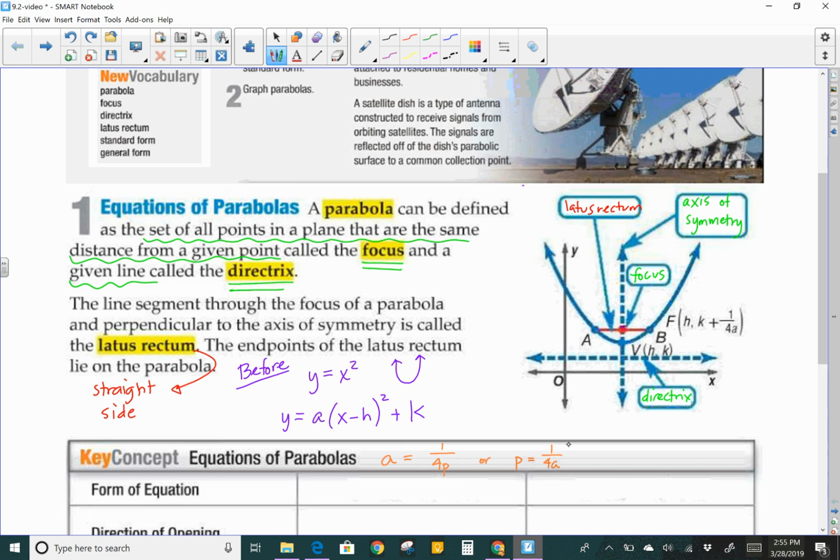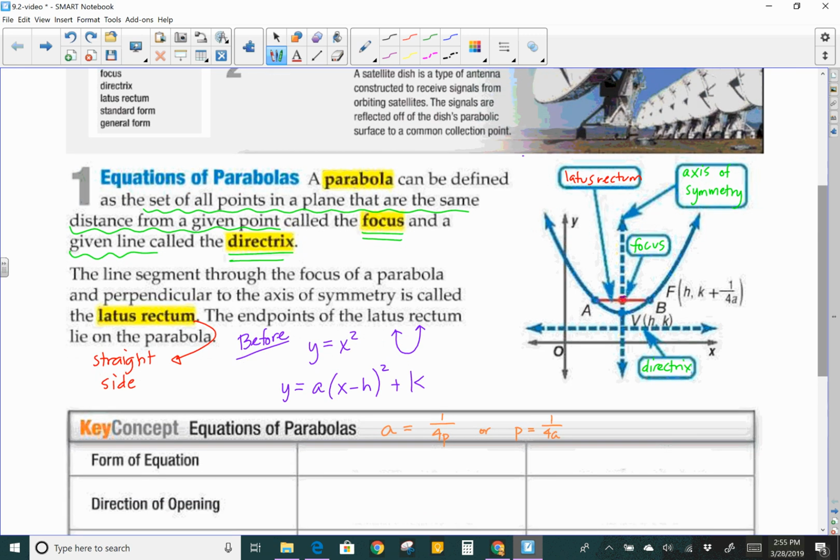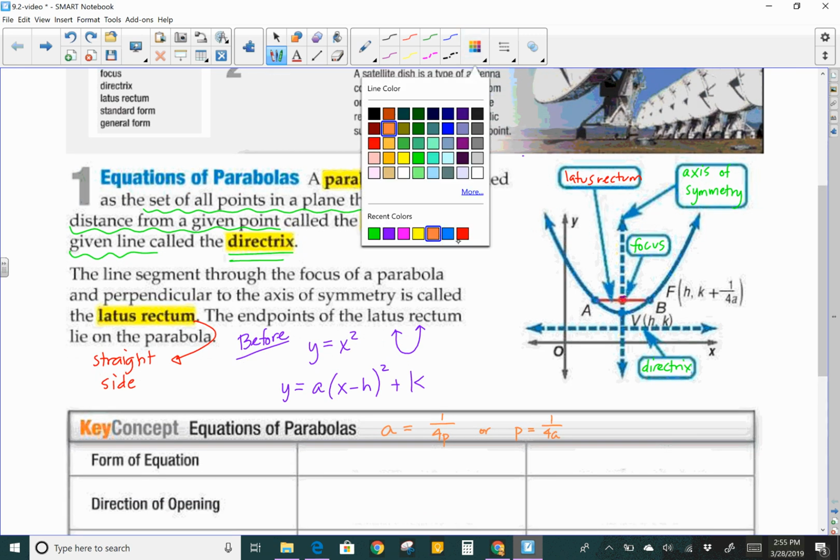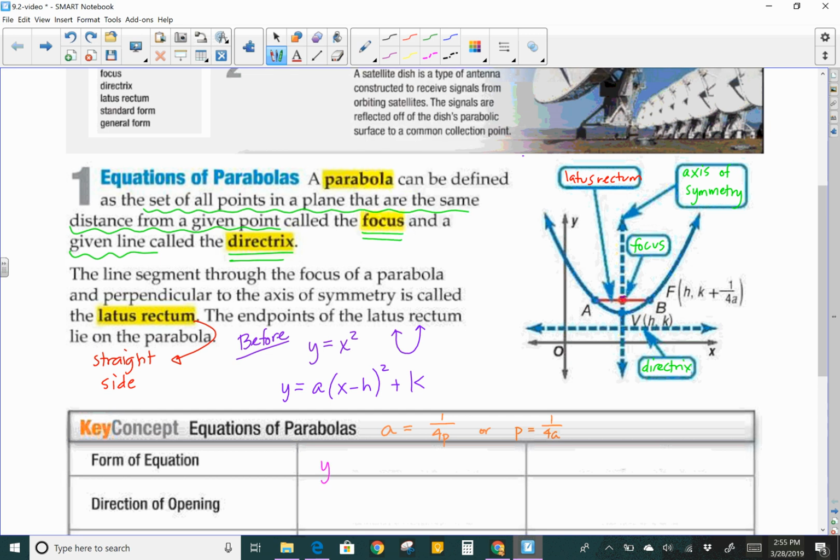I don't particularly like this one as much. However, let me write the form of the equation. Y equals, instead of a, we're going to write 1 over 4p, times x minus h quantity squared plus k.